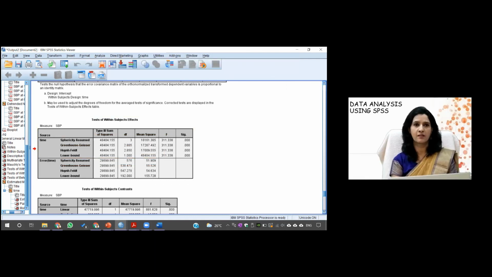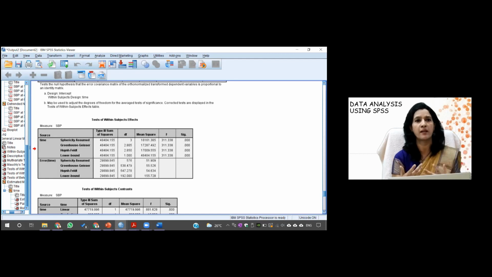In general, there is one rule. In general, you will never get a sphericity assumed in an experimental study or in repeated measures usually. Why? Because there will always be a difference. Like if you're doing something, you expect it to go down. The sphericity is met only if you take the weight of an adult where we are not doing anything.